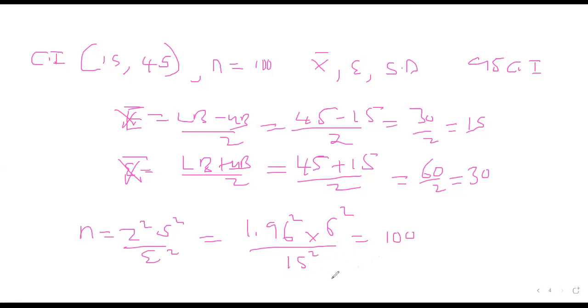So we have 1.96 squared times the variance is equal to 15 squared times 100. So in this case, we'll divide both sides by 1.96 squared. So in this case, we're going to find our variance.